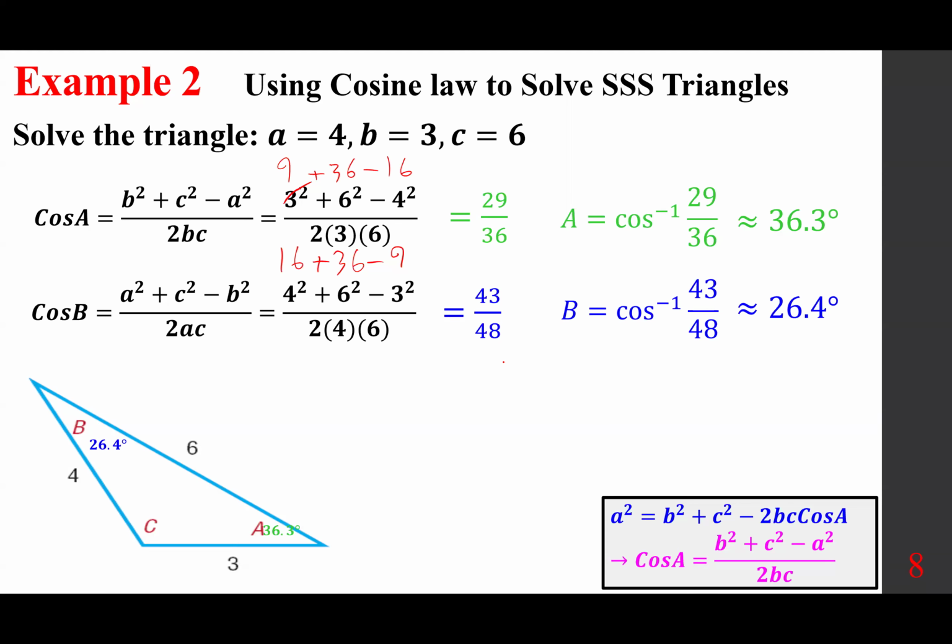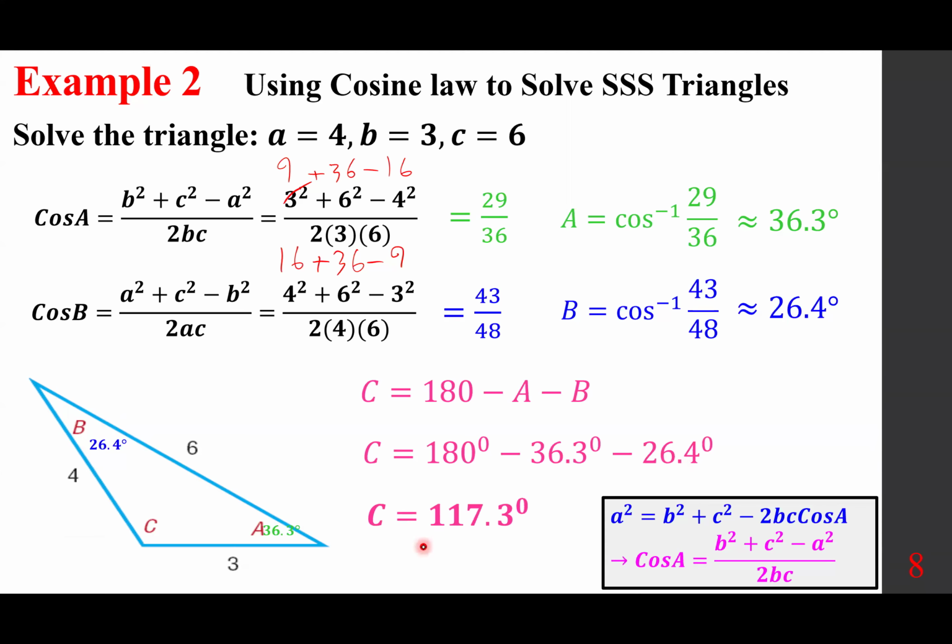Add them up, subtracted from 180. 180 minus A minus B, that means 180 minus 36.3 degrees and minus 26.4 degrees. C, the last angle becomes 117.3 degrees. Again, you found two of them. Add them up, subtracted from 180.